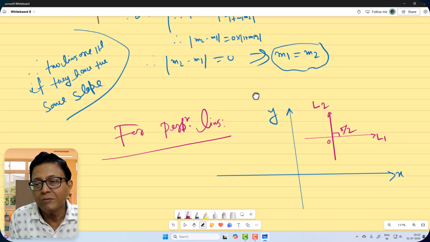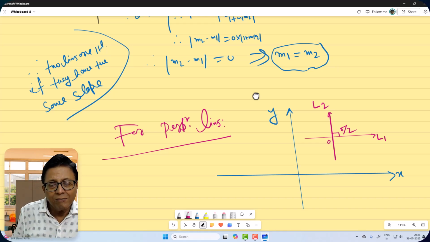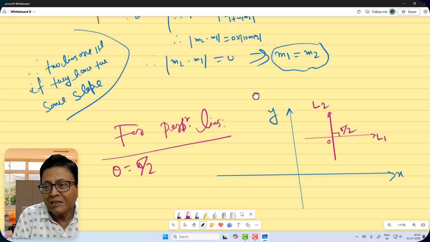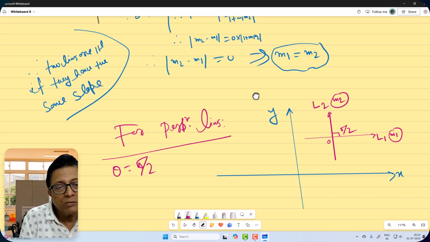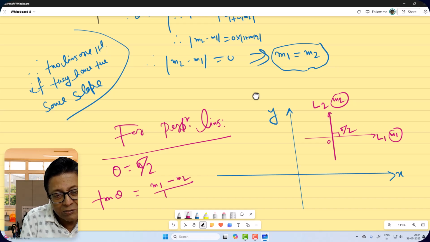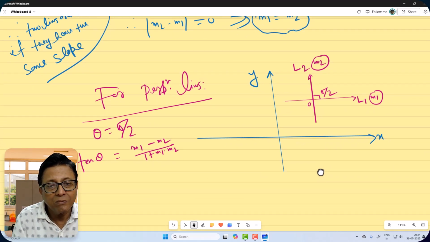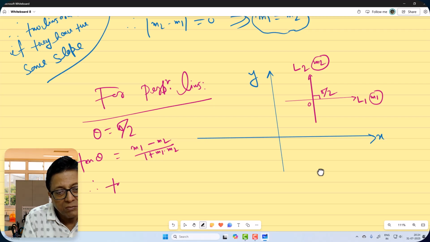Angle pi by 2. Okay? So theta is pi by 2. This line has slope m1, this one has slope m2. Okay? So tan theta by the formula is what? m1 minus m2 by 1 plus m1 m2. Okay?